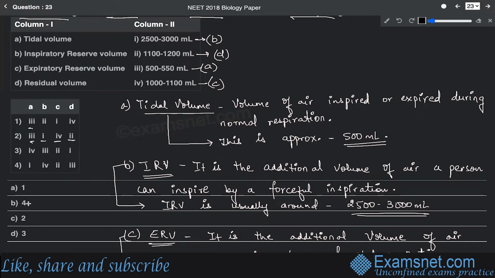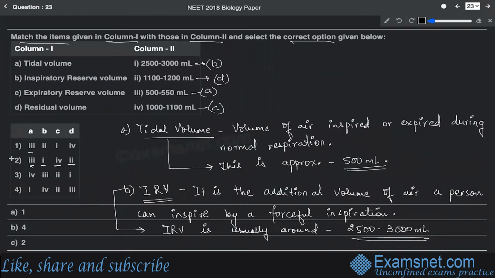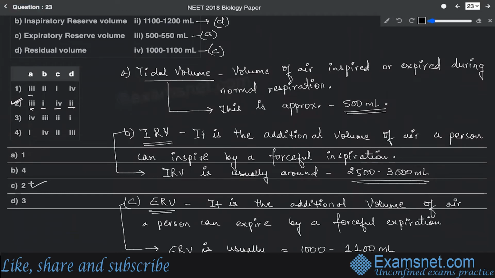That means option B is the correct answer. Just a second, wait, not B, because the second one is correct, so we're going to relate it with this. Option C is the correct answer, not B, sorry. So option C here is the correct answer.